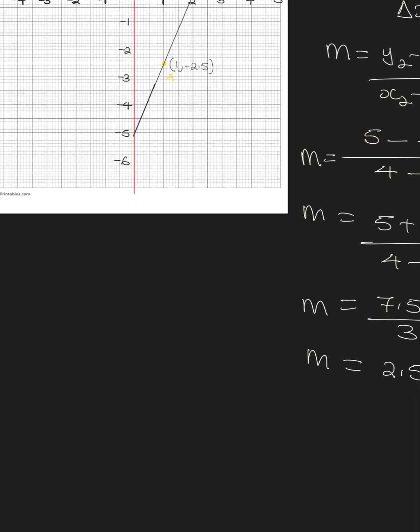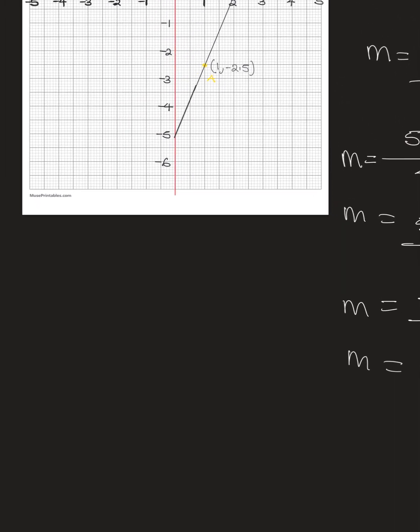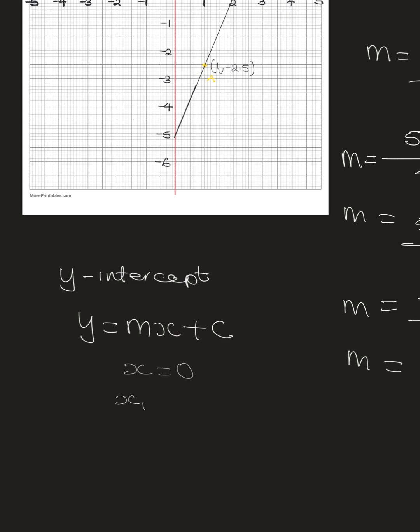So how do we find the y-intercept mathematically? If you have y is equal to mx plus c, we will equate x to be 0 and select any 2 points for x and y. So let's use the x1 and y1 values. x1 is 1, y1 is minus 2.5.